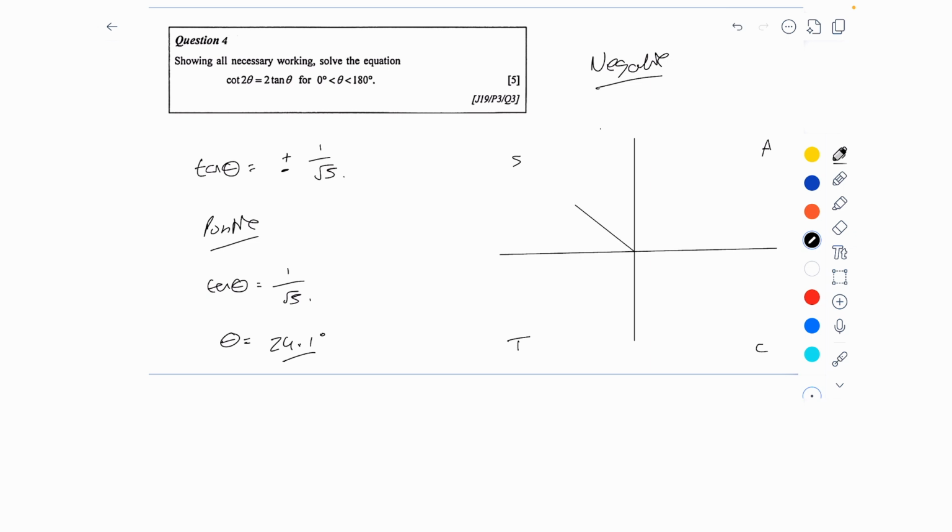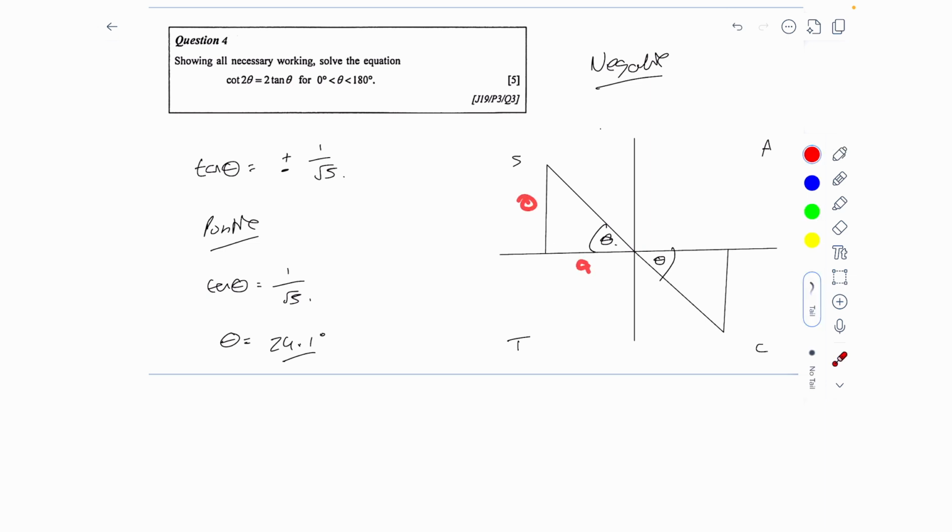What I like to do is, again, draw the triangles. Draw yourself the triangles. And what we're going to do is work out theta in each of these triangles, which is going to be the same, and then we can apply our rotations. So tan theta is equal to 1 over root 5, so opposite over adjacent.